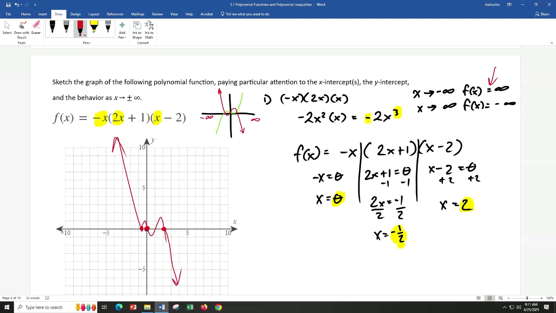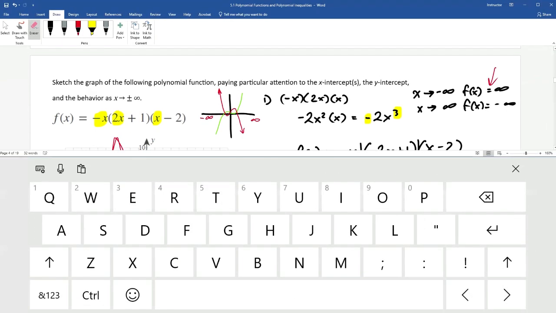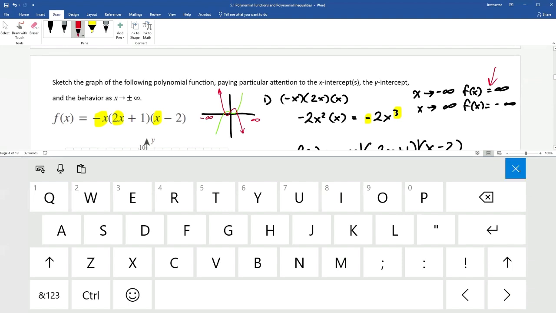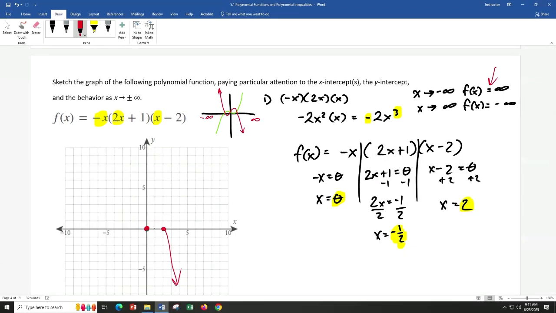The line comes down, up, and down. So it goes through negative 1/2, makes a turn, comes back up and goes through 0, makes a turn somewhere in there, and comes back down again. And this right here is where you created the zeros.